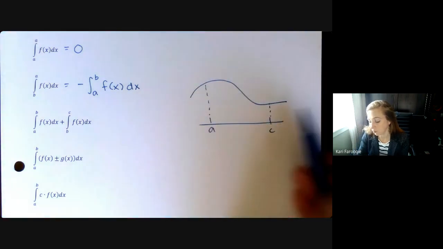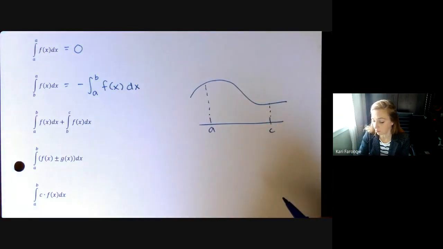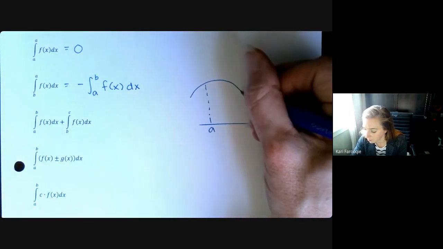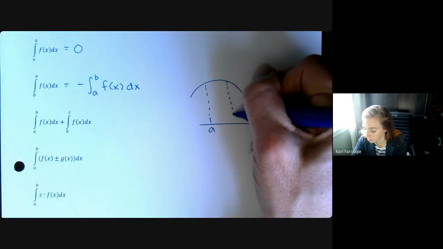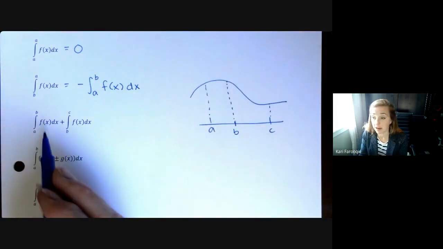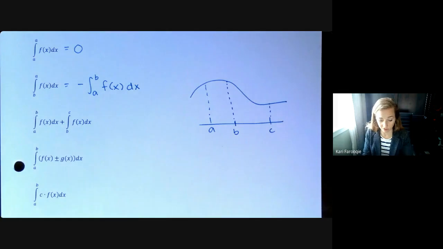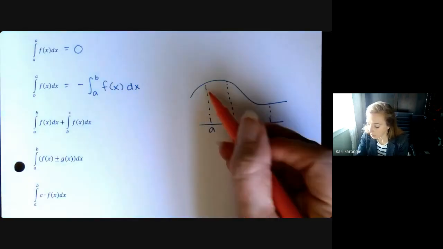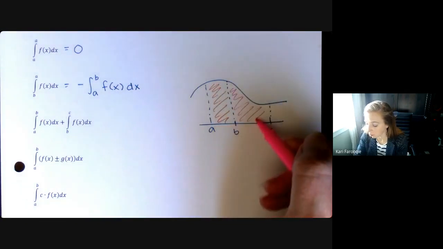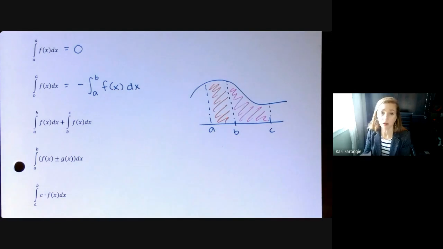If for whatever reason you don't want to go all the way from A to C, like let's say you cut this off somewhere in the middle, maybe you had some reason to stop at B, you can take the integral from A to B and then add that to the region from B to C and end up getting the same quantity. So whether you go all the way from A to C or go from A to B and then from B to C, you're still going to be covering the same amount of area.